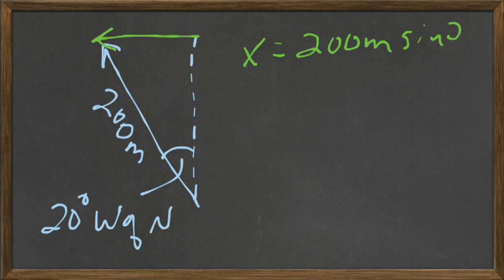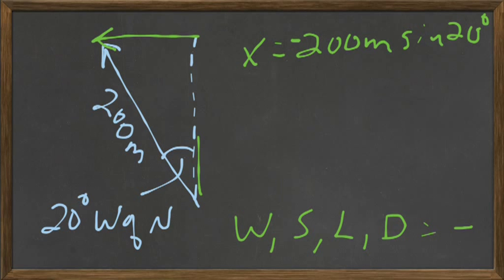My x side, or horizontal side of the triangle, is 200 meters sine 20 degrees. And that also brings up an important point. That particular vector is pointing west. Remember, west, south, left, down are all considered negative directions. It would appropriately be given a negative value. My y direction is actually positive. So the y would be positive.